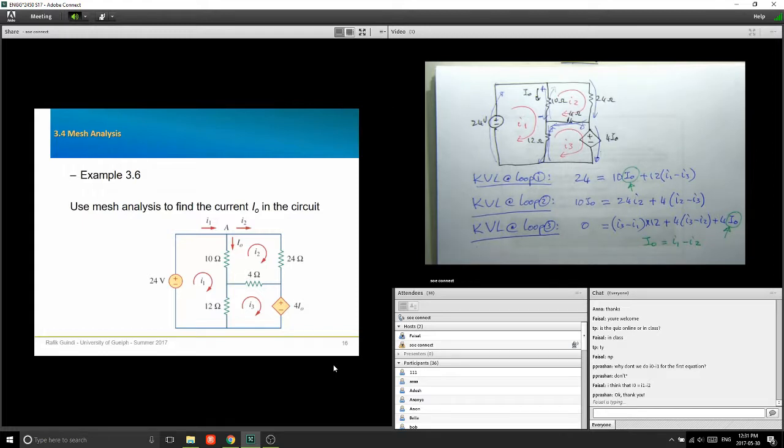Now, I want you to look at the rest of the solution in the book, how they're solving the 3 equations simultaneously. And you get I1, I2, and I3.